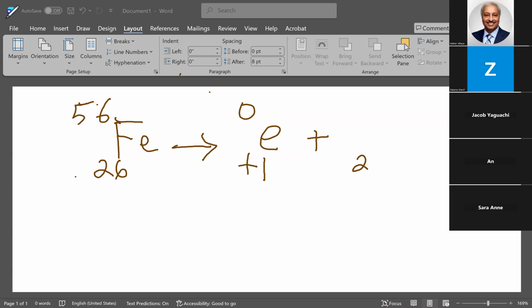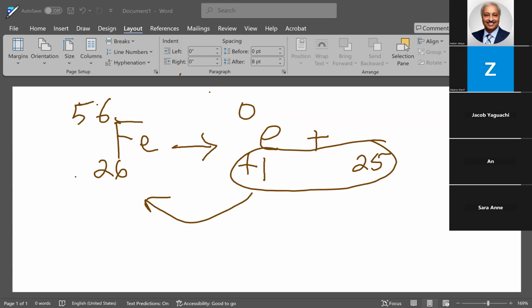The atomic number is 25, because 25 plus 1 makes 26. What will be the atomic mass? 56, and with 0 here it's the same, no change. What is the new element with 25? Manganese, Mn.